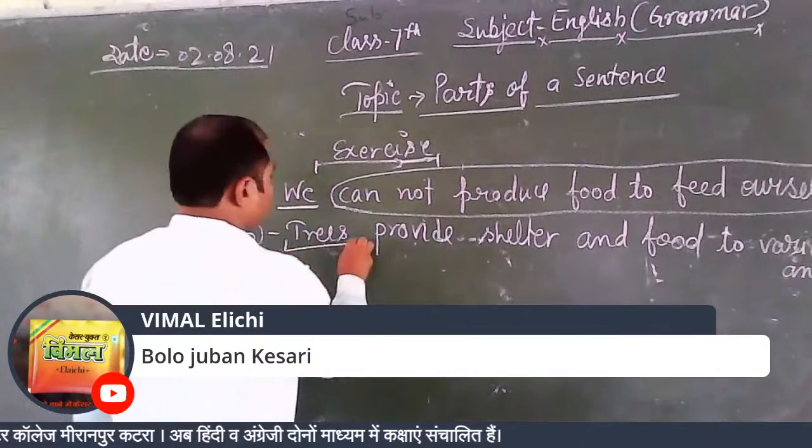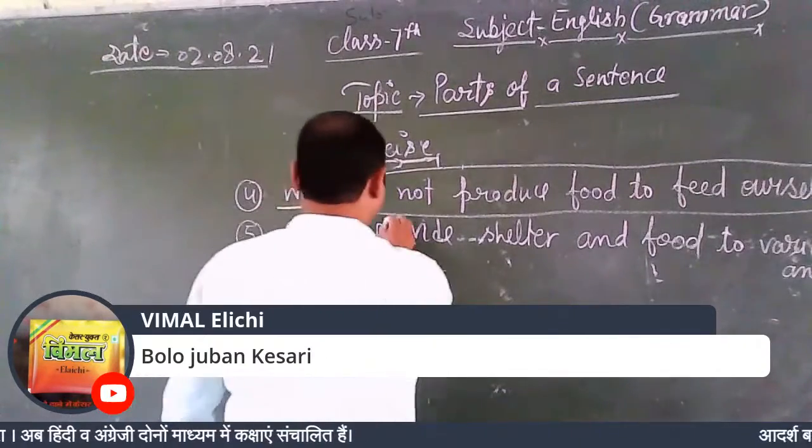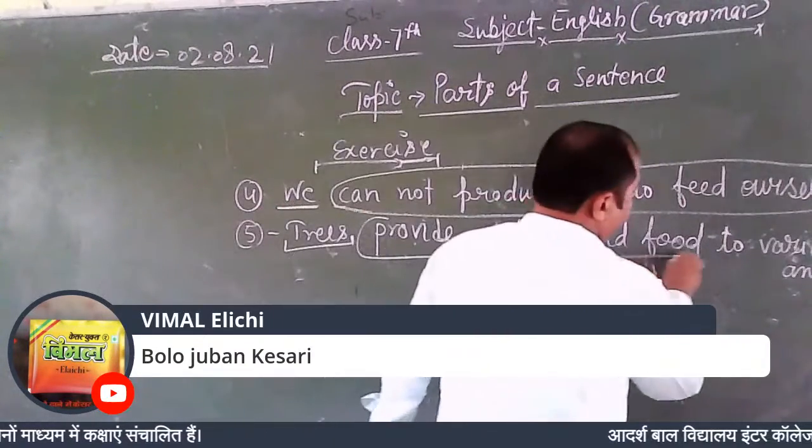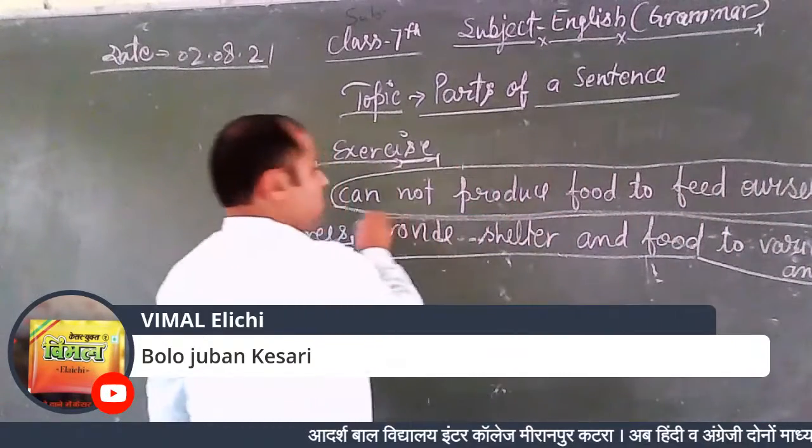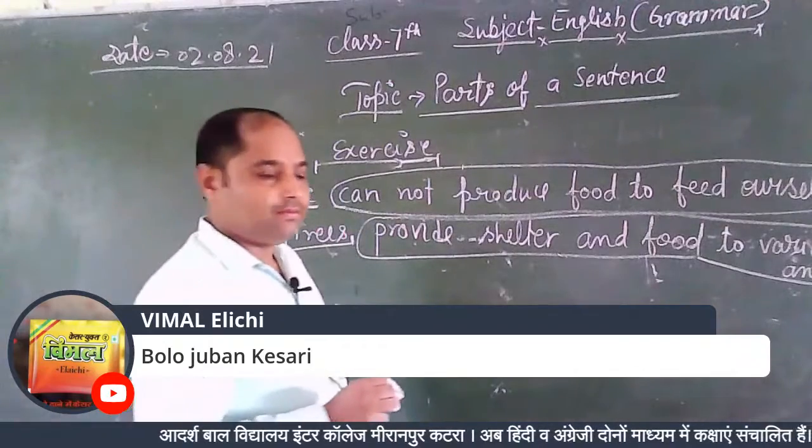Here, trees is subject, provide shelter and food to various animals is a part of predicate.